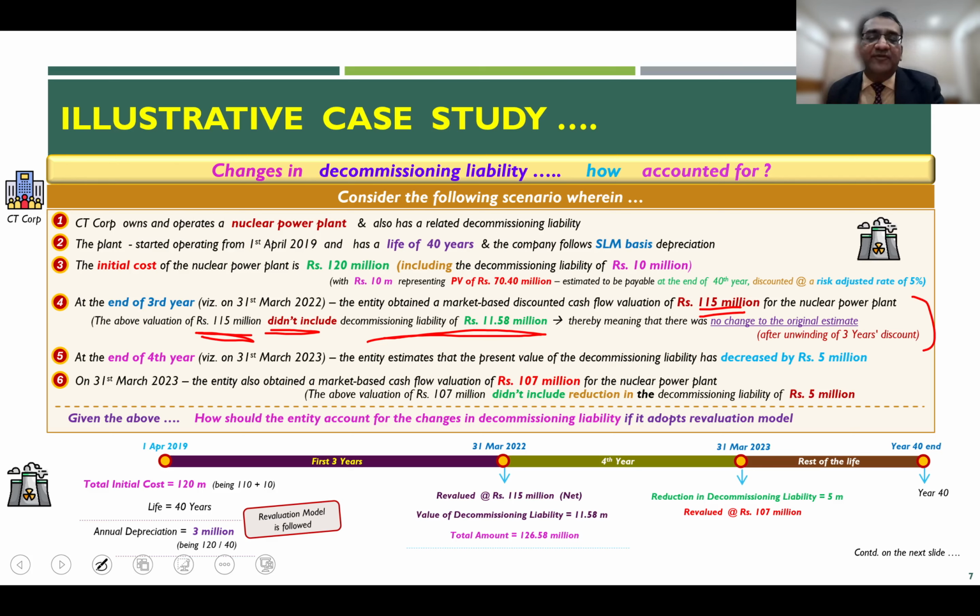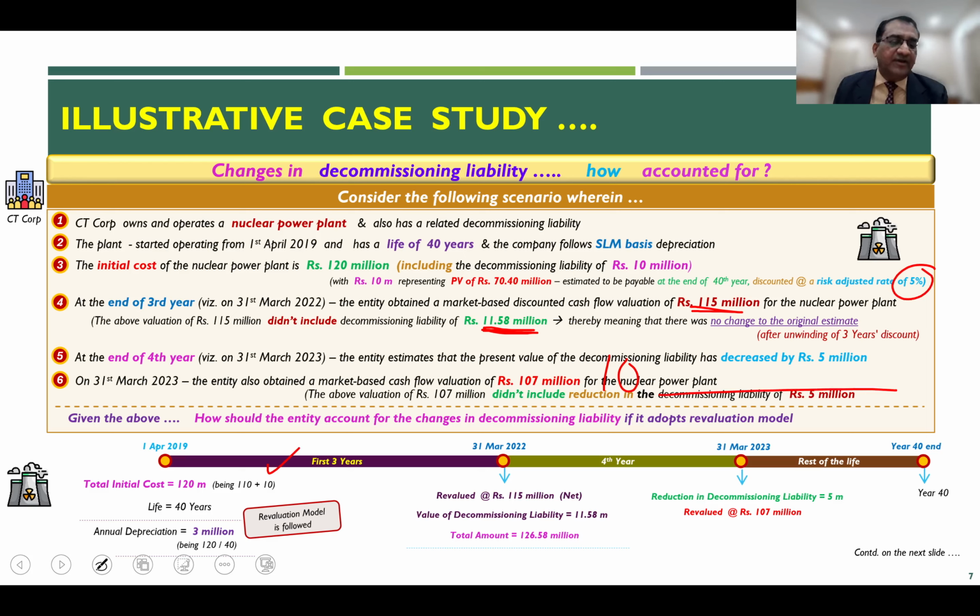Why 11.58? If you remember, in the last video I said the unwinding effect cannot be ignored. That also needs to be considered. I'll explain how this 11.58 million is computed, and this is the valuation obtained from the market. You had a liability whose present value you recorded at 10 million, at a discount rate of 5%.